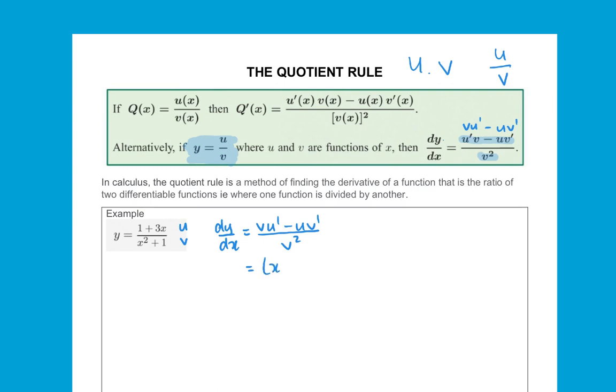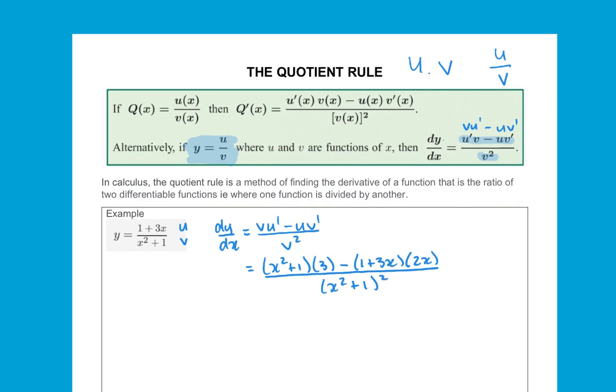Alright, so v is x squared plus 1, use lots of brackets, times u dash, which is 3, minus u, which is 1 plus 3x, times v dash, which is 2x, all over v squared, which is the whole expression, x squared plus 1, all squared.